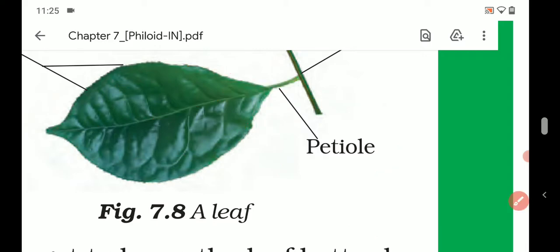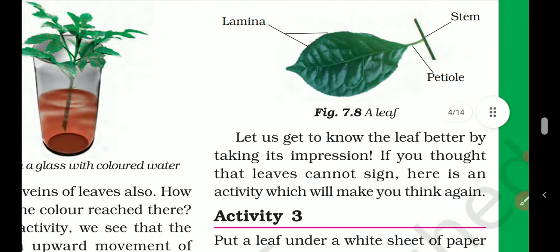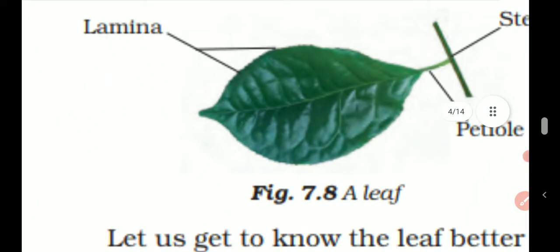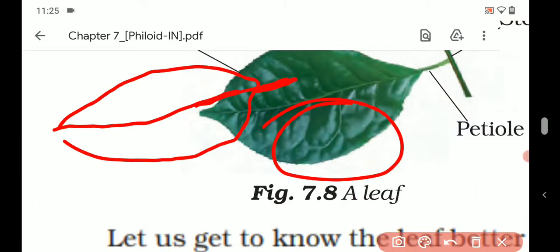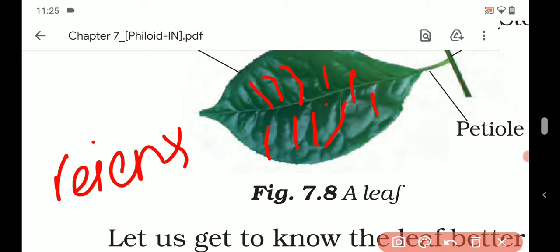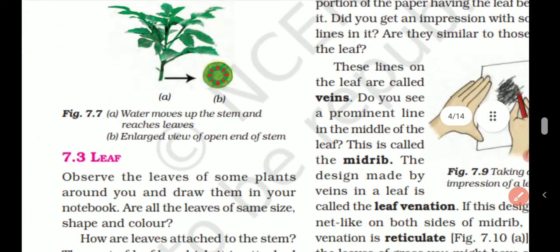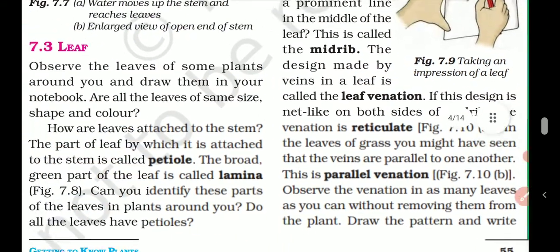Okay, and one more part is there. These are called veins. These lines on the leaf are the veins of the leaf. If you don't believe, then let me show you one diagram.